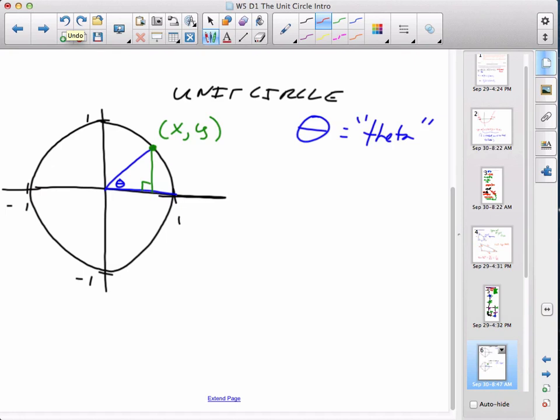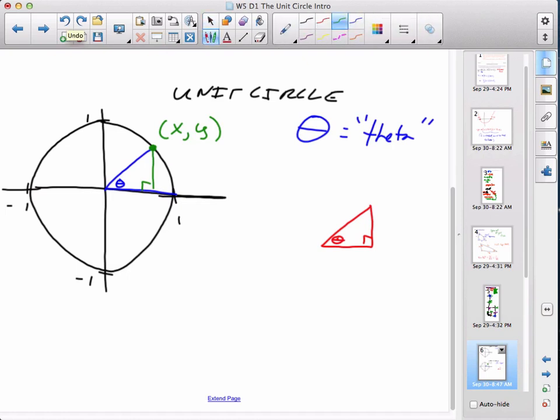Right triangle. A right triangle. Interesting. So what we've got is this right triangle, just to be explicit, this right triangle here, with a right angle. This angle right here is what? Theta.